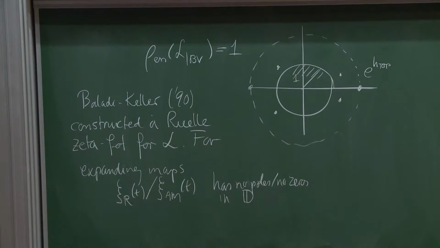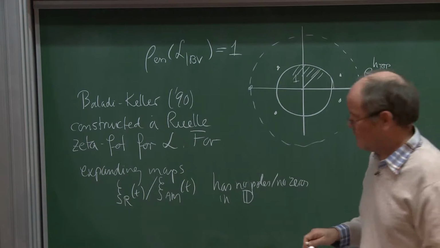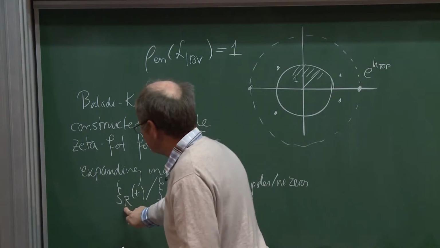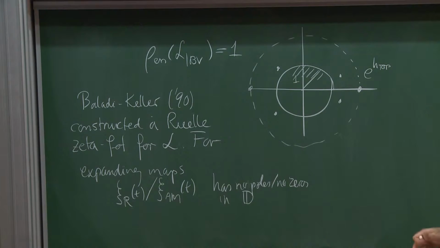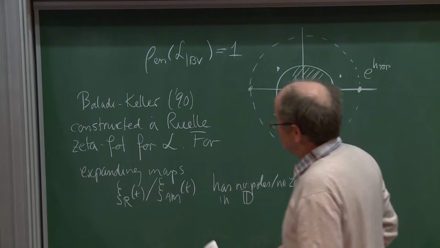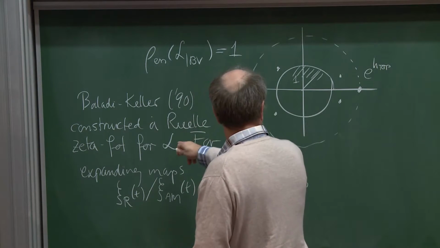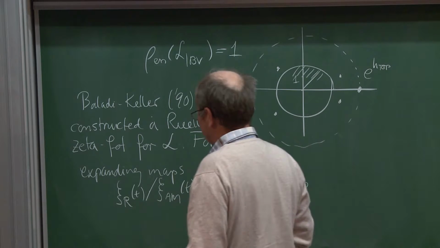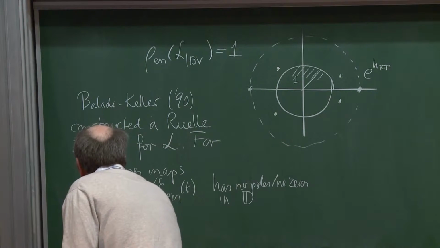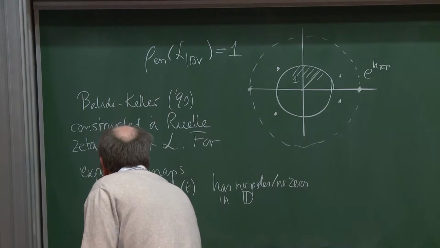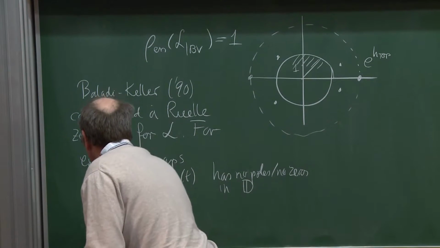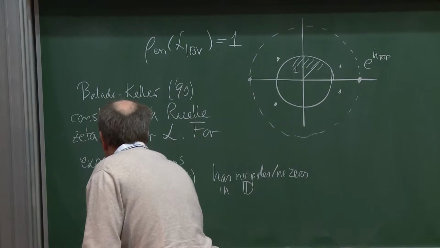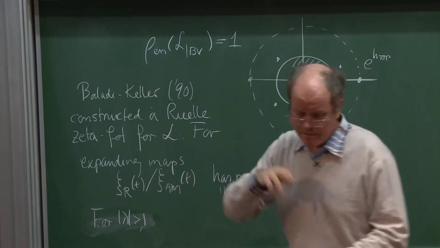And furthermore, for the Ruelle operator and for this zeta function, there's an intimate relationship between the zeros of the zeta function, or the inverse zeta function, and the eigenvalues of L. So lambda is an eigenvalue, I should say actually for lambda bigger than 1, so again, outside the essential spectral radius.